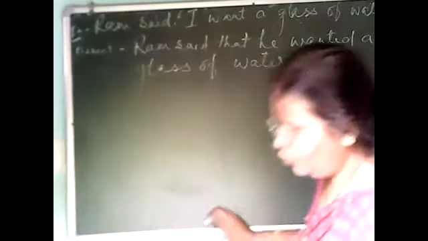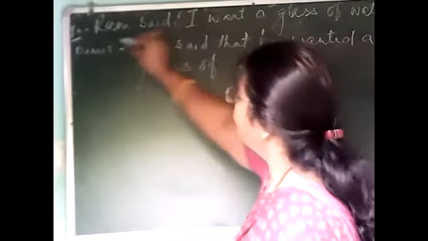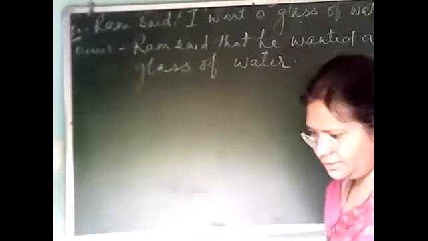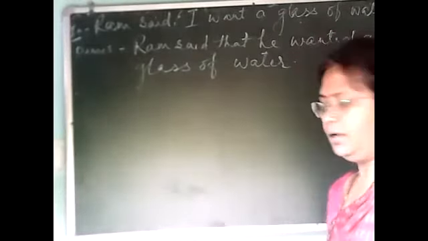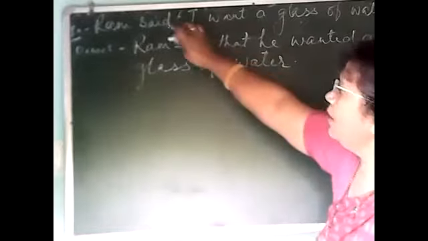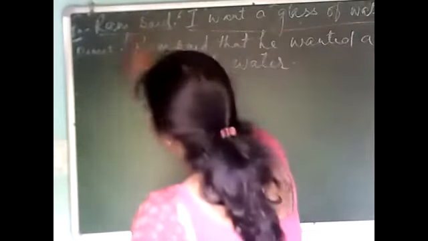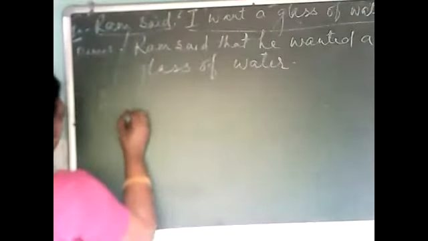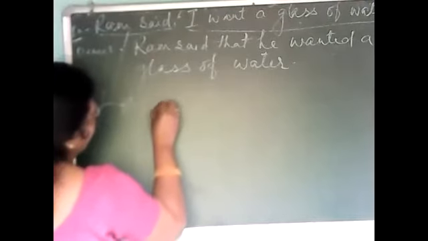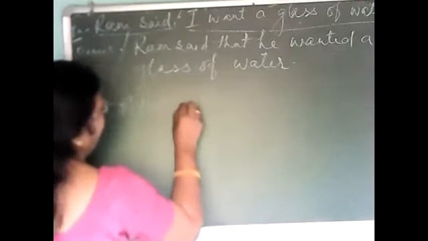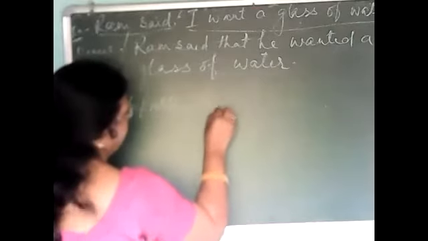Now, you can see that in the first indirect sentence, two parts are there. Sentence is divided into two parts. What are these two parts? Here, Ram said, first part, I want a glass of water, second part. So Ram said is the reporting part.